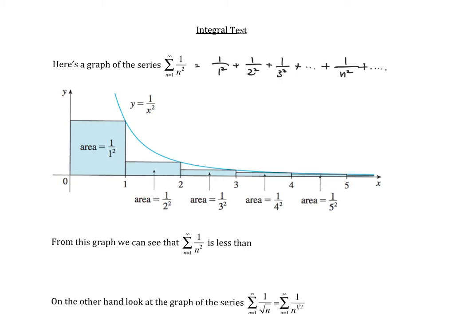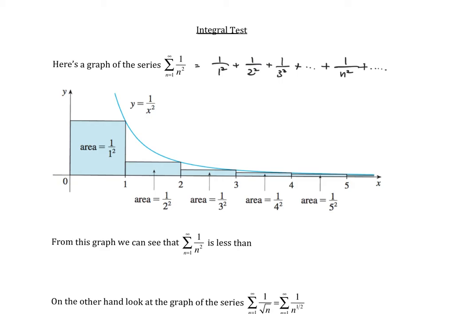Now, when we look at this area comprised of all of these boxes, you can almost think of this as an area approximation. And if you look here, it looks like we're using right endpoint approximations.